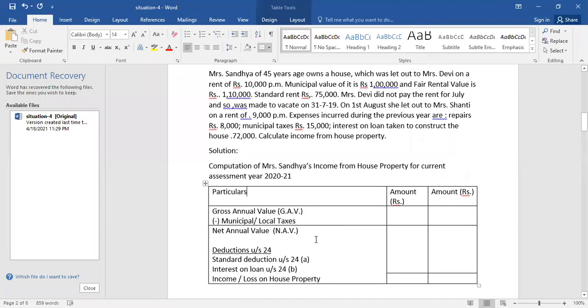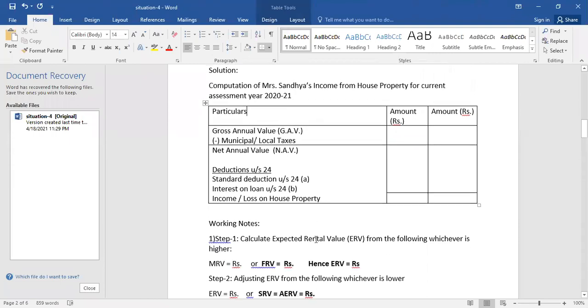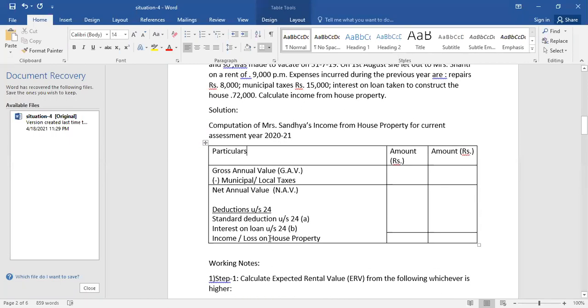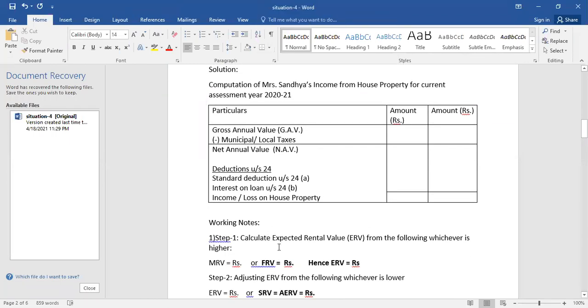First, in the working note, step number 1, calculation of ERV, that is, expected rental value, whichever is higher from the following.